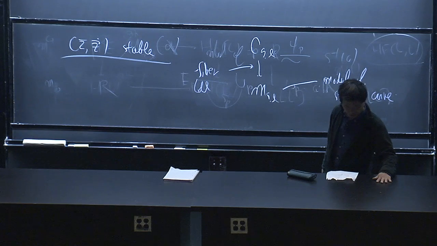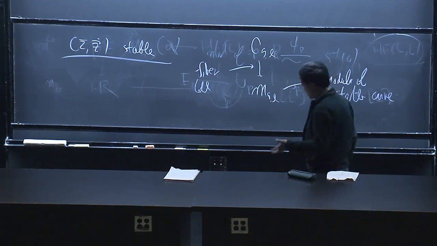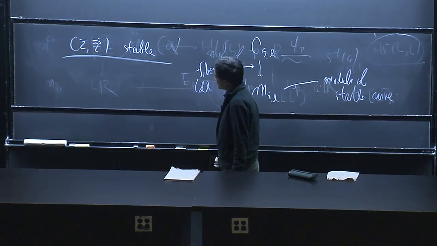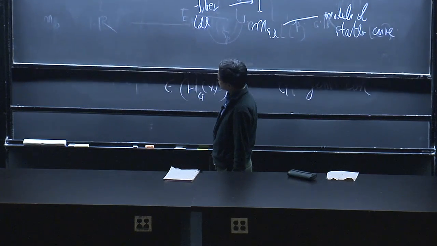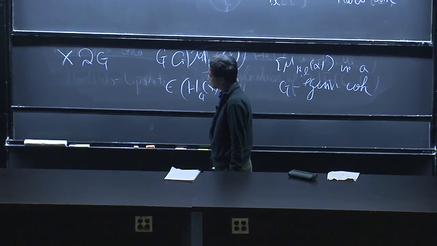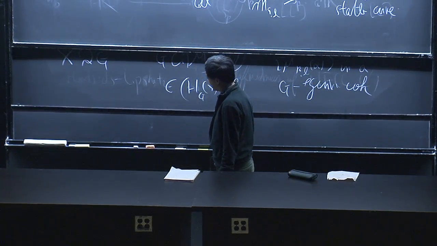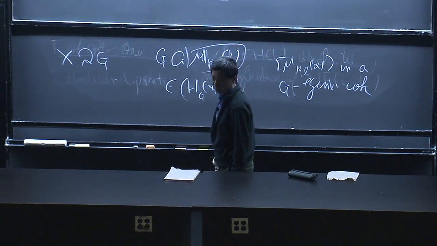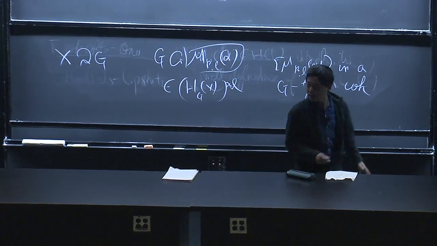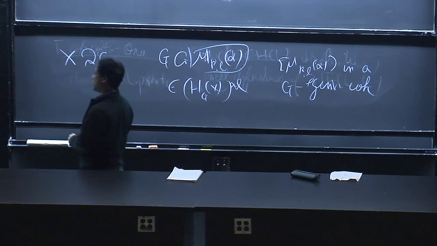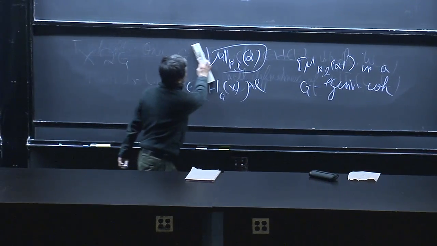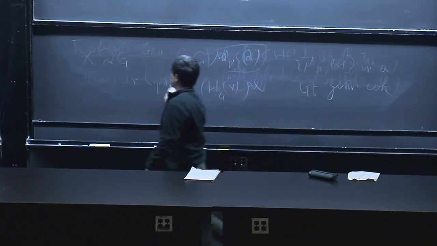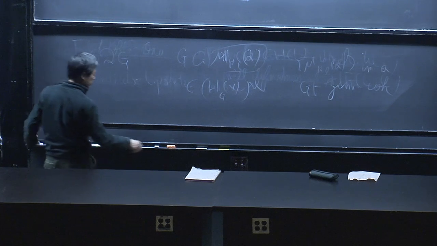However, in the most interesting cases, we have to study the case where this curve is not stable. As I said, we have a stable map, so that if you include this map, you get a stable object, but this sigma itself may not be stable.